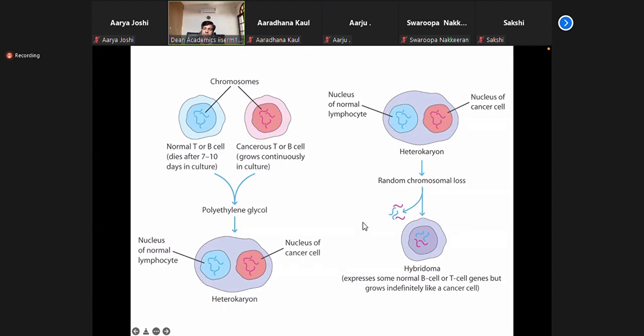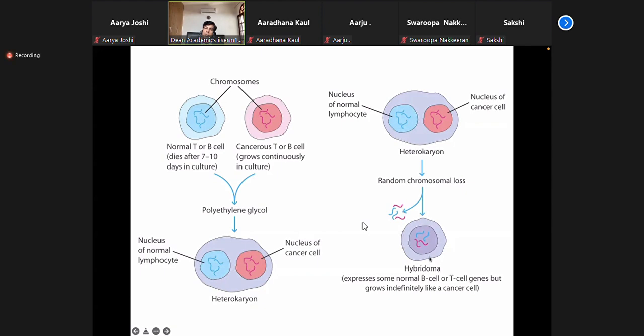Here, you are starting with diploid cells, and when the nuclei of these cells are fused, you are going to generate a tetraploid. This cell cannot really live for a sufficient duration. So if this cell has to live, it has to lose one set of chromosomes, and that occurs in a random fashion.